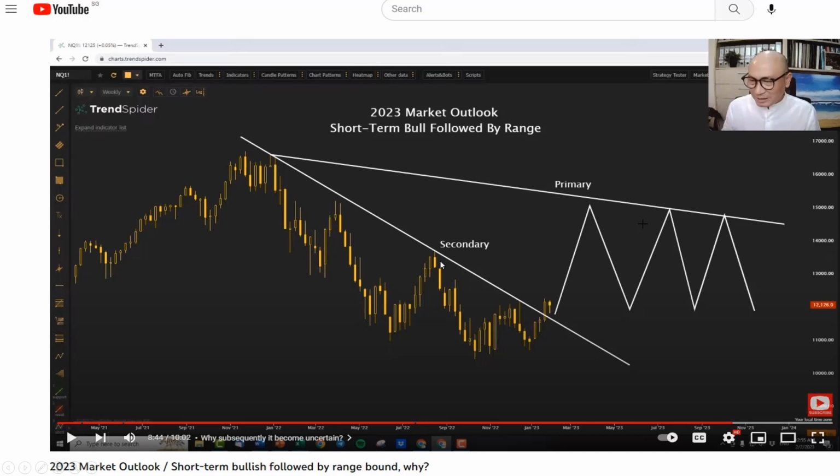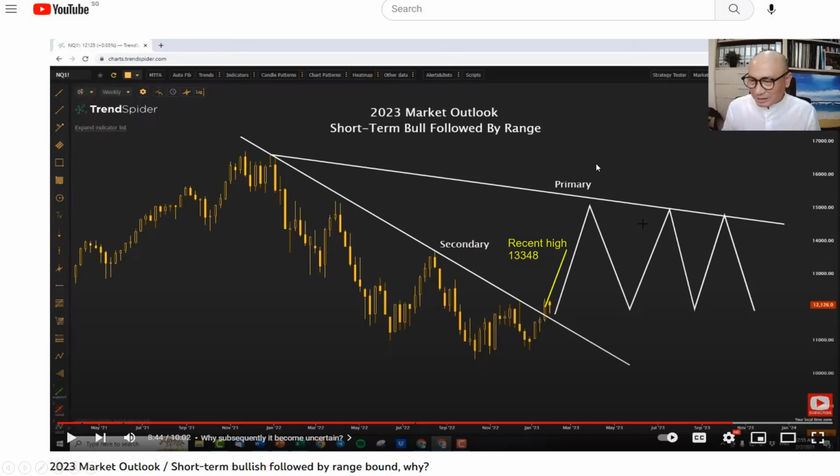For technical, we could see that it had broken above this downtrend line, and for fundamental, since June 2022, the CPI had peaked at 9%, but as of December last year, 2022, the CPI had eased off to about 6.5. I believe that the stock market is going to have a short-term rebound.